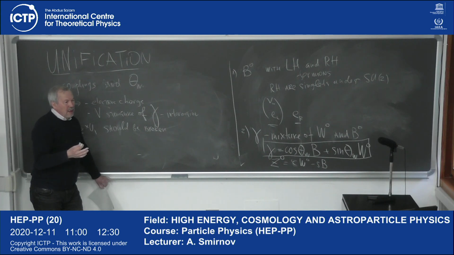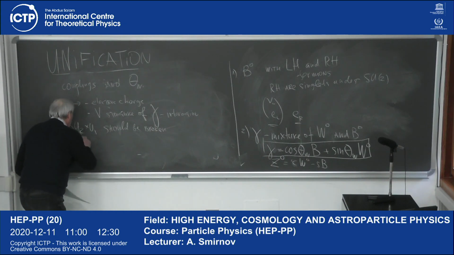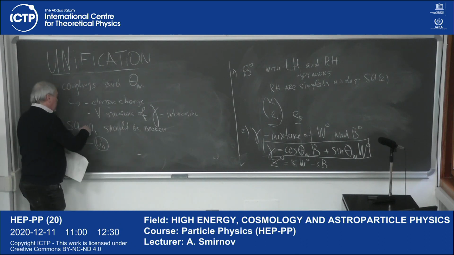And not only this, gauge symmetry tells us, if this is gauge symmetry, and it should be because W and gamma enter the same triplet. Gamma is a gauge boson, and therefore W plus, W minus are also gauge bosons. In the limit of exact SU2 cross U1 gauge symmetry, everybody should be massless. Now, the fact that Z has mass tells us that the symmetry is broken. And in fact, this SU2 cross U1 is broken to U1. And this unbroken U1 is kind of a mixture of this U1 and this SU2 boson.